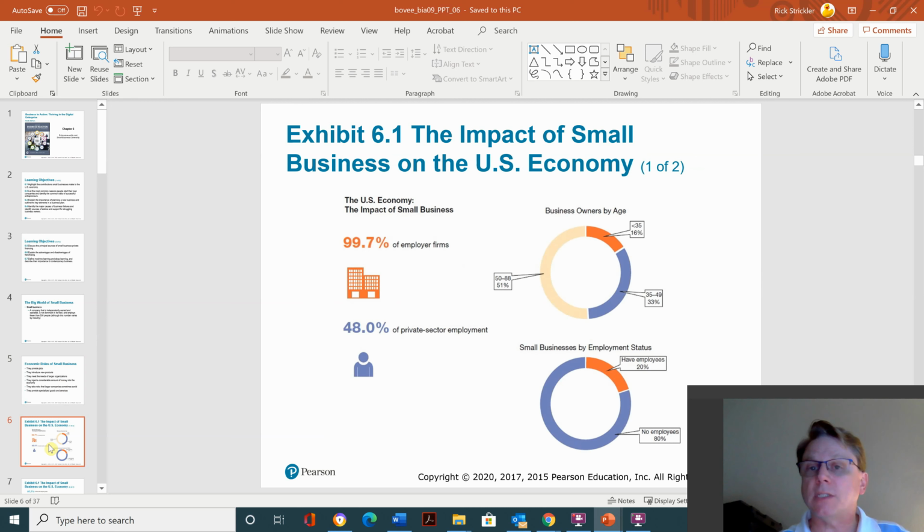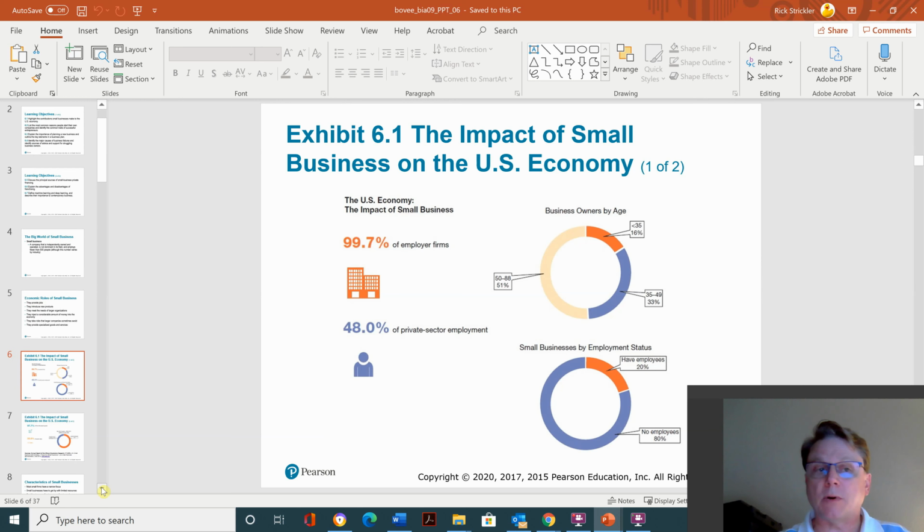Under 35 is 16%, 35 to 49 is 33%, and 50 to 88 is 51%. Small businesses by employment status. 20% have employees, 80% no employees. So that would just be the owner, operator, and possibly the family of the owner, operator. And that's 80% of the small businesses.